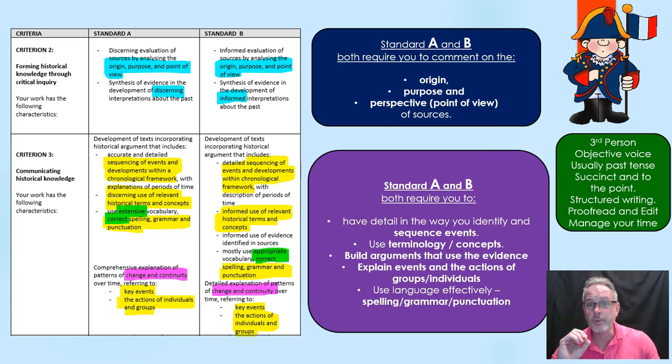Usually you're going to be writing in past tense, and make sure you're writing in the past tense throughout any writing you do in the exams. Be succinct and to the point. Sometimes shorten your sentence length. Don't have everything big, long, run-on sentences. Nice, tight, short, and to the point sentences. Proofread carefully. Make the edits you need to do, and that means manage your time in the exam carefully.